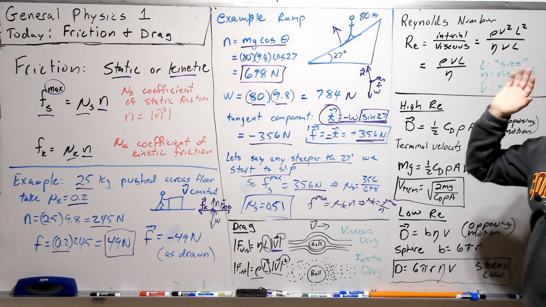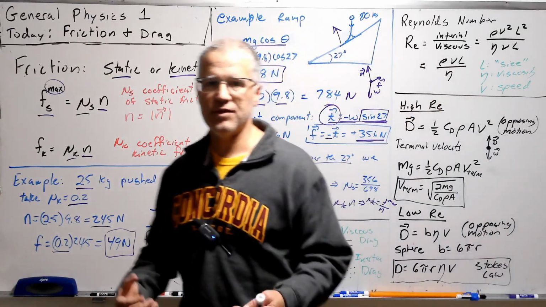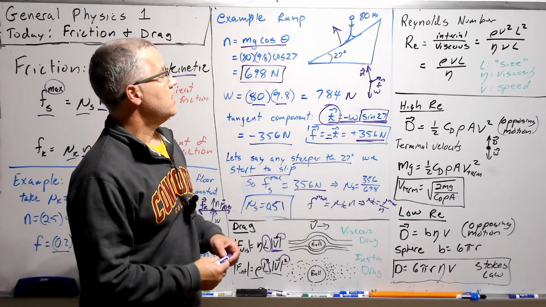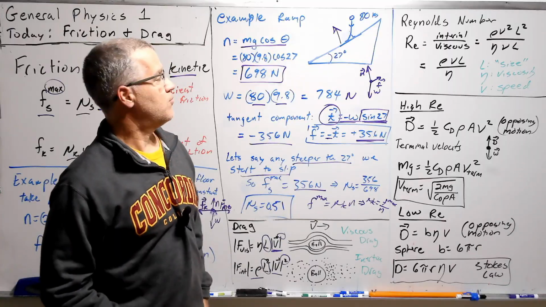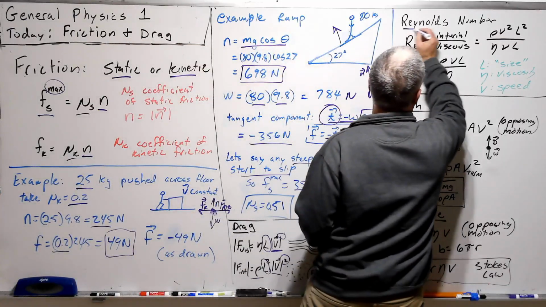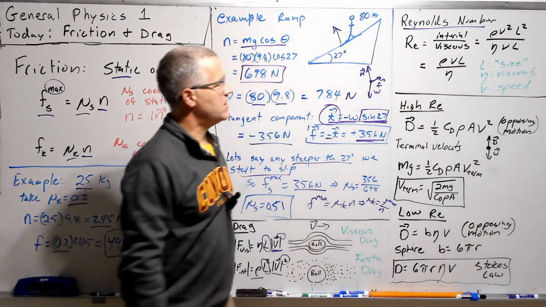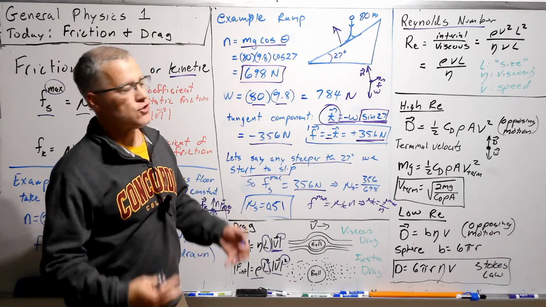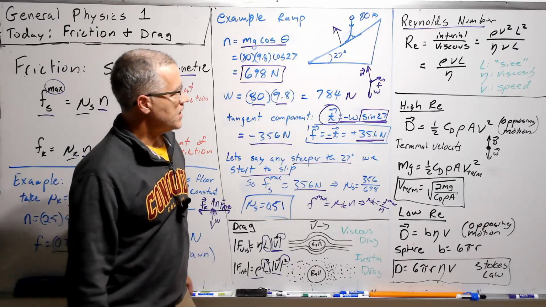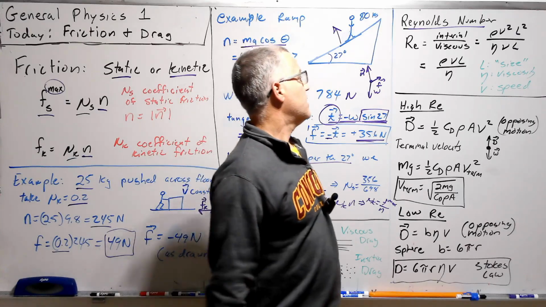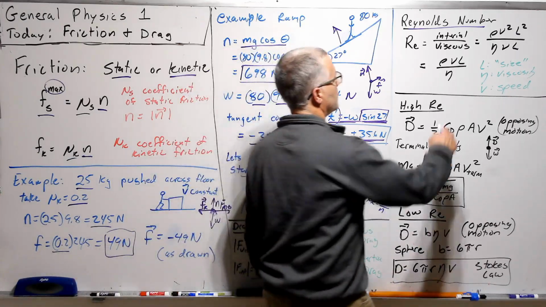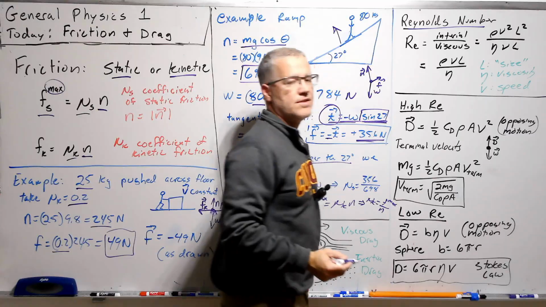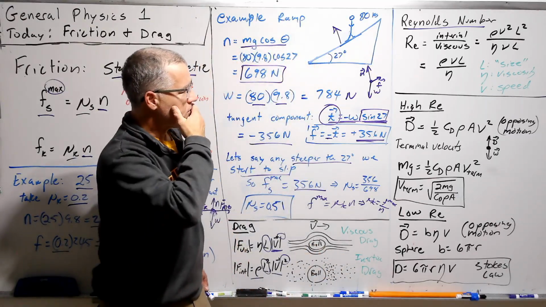Now, this is in the area of what's called fluid mechanics. It can get very complicated very quickly. One of the parameters that is really important in that is something called the Reynolds number. The Reynolds number is simply the ratio of the inertial component compared to the viscous component. So if the inertial component is most important, as it is moving through air, then in the limit we're dominated by the numerator.